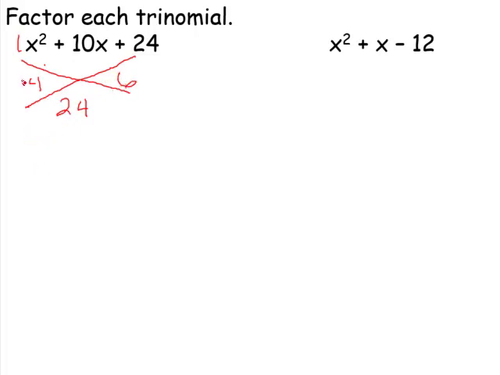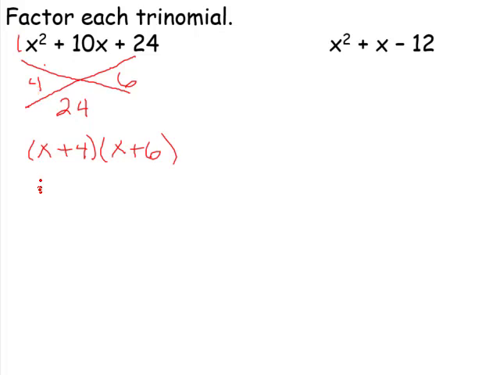Now I'm going to give you a shortcut from what we did in class. If this coefficient is a 1, some of you already noticed that you could simply say x plus 4 times x plus 6, and it's factored.